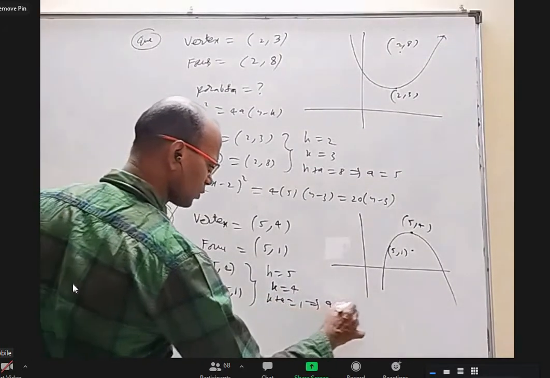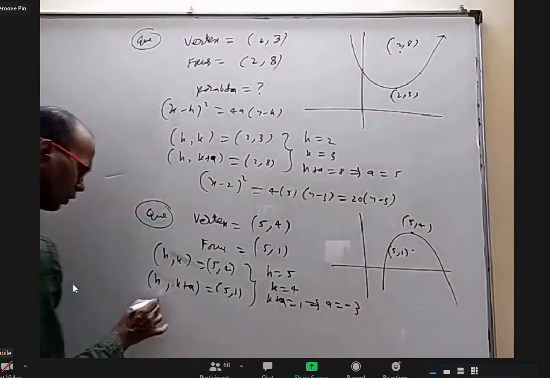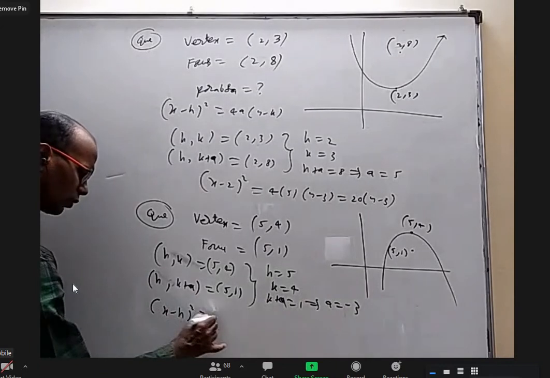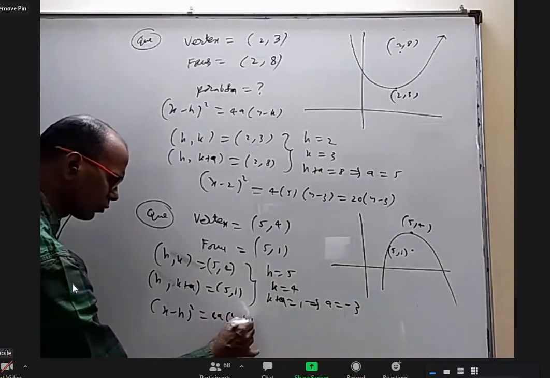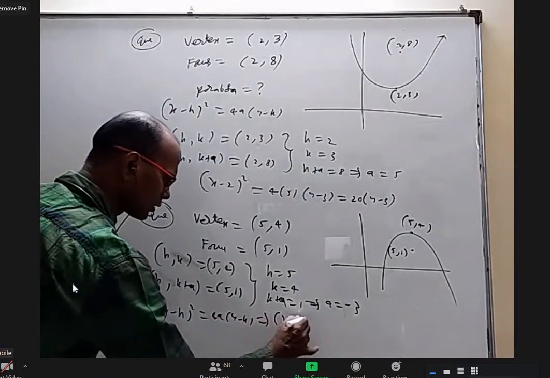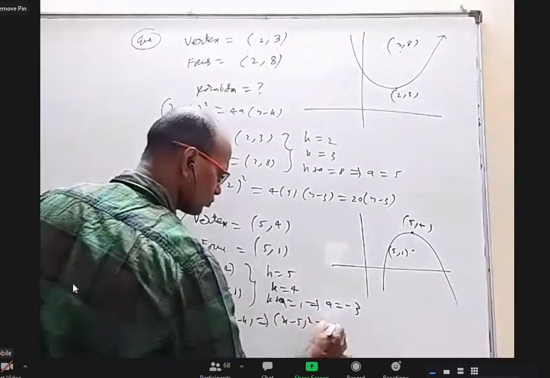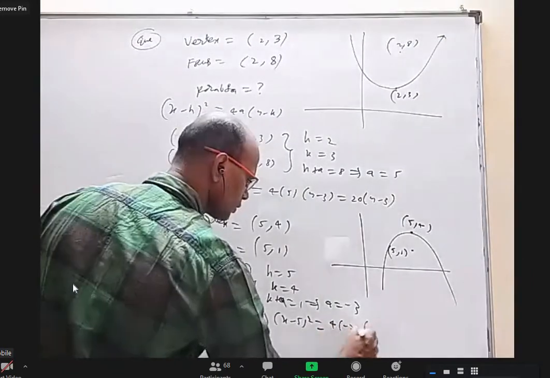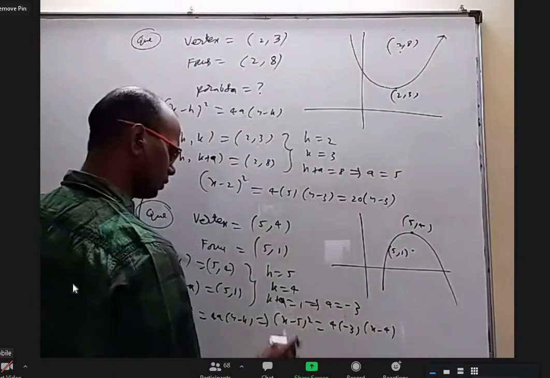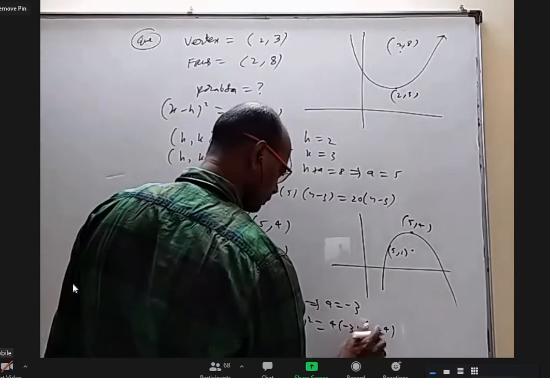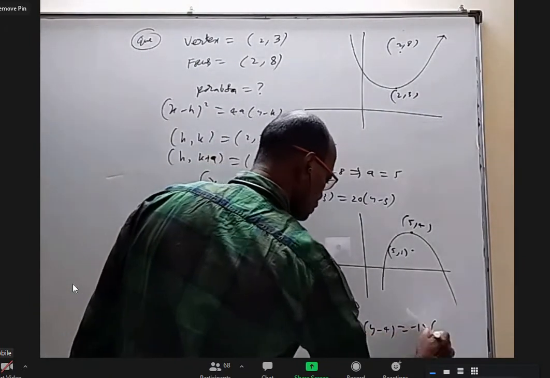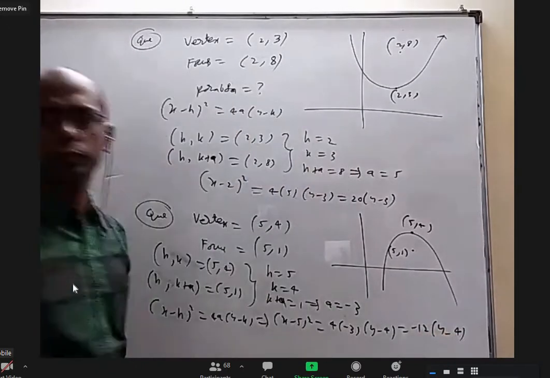From that a equal to minus 3. Now if you put it in x minus h whole square equal to 4a into y minus k, you get x minus 5 whole square equal to 4 into minus 3 into y minus 4. So minus 12 into y minus 4.